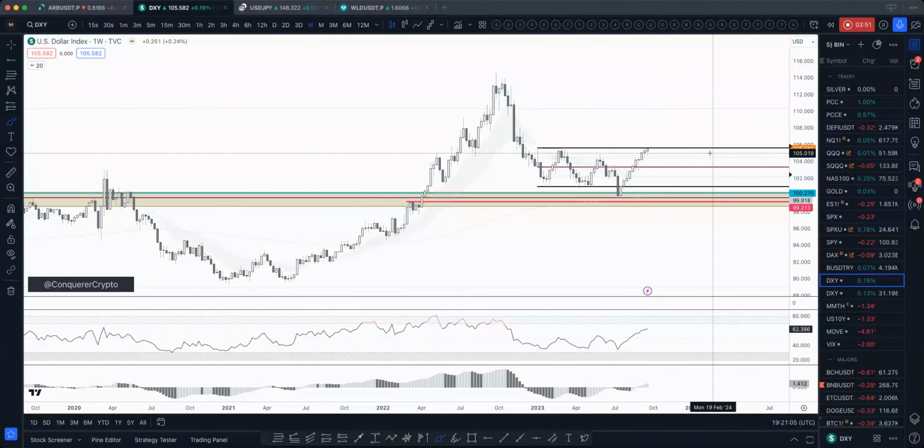Now, for me, if I look at this, obviously it's not the best look because it's showing strength, right? And it's not particularly good for other markets, basically. But if you look at this, it's still range bound. So if it does something like that and that, then I'll be looking to short the market basically.